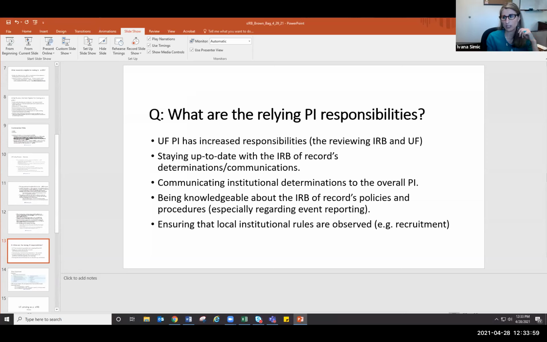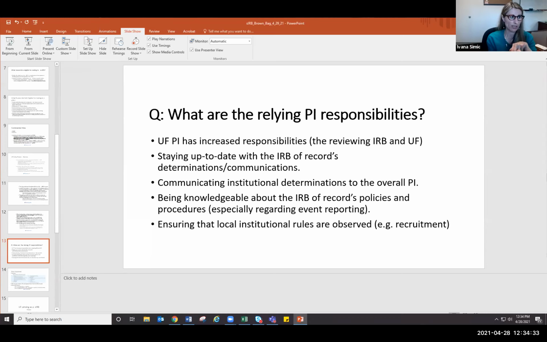Single IRB has been advertised as a way to streamline IRB review. And that may or may not be correct, because by streamlining IRB review, we still haven't addressed the notion of study activation that depends on ancillary reviews. And ancillary reviews are looped through the IRB still. But regardless of that, the idea here is that the UF PI has to keep up with the reporting requirements for the local IRB and the institution and the reviewing single IRB.